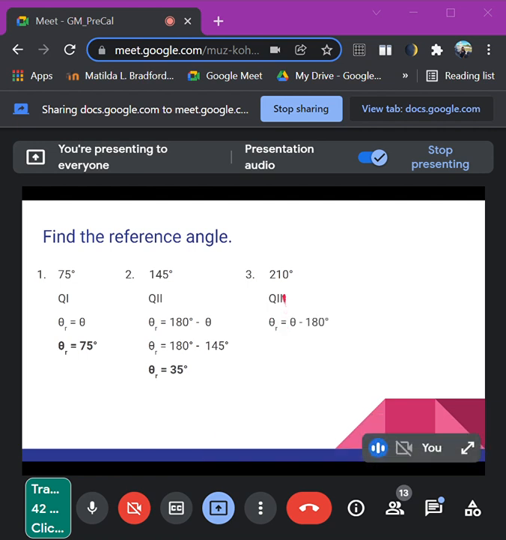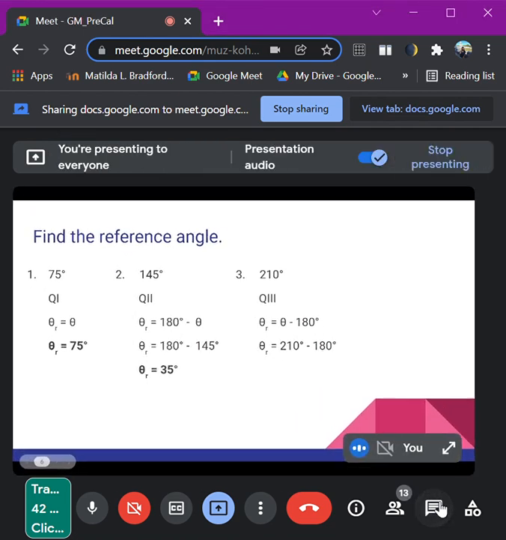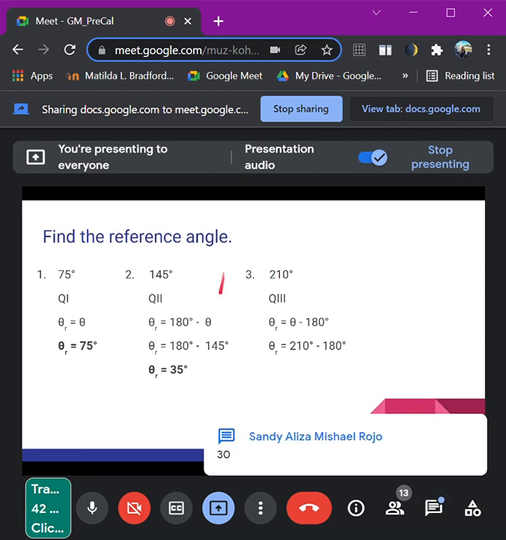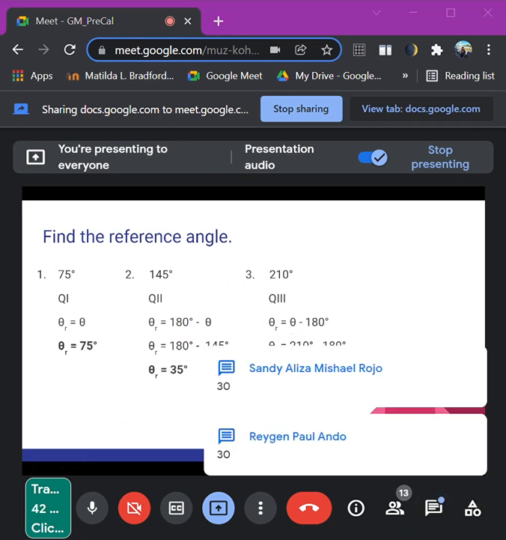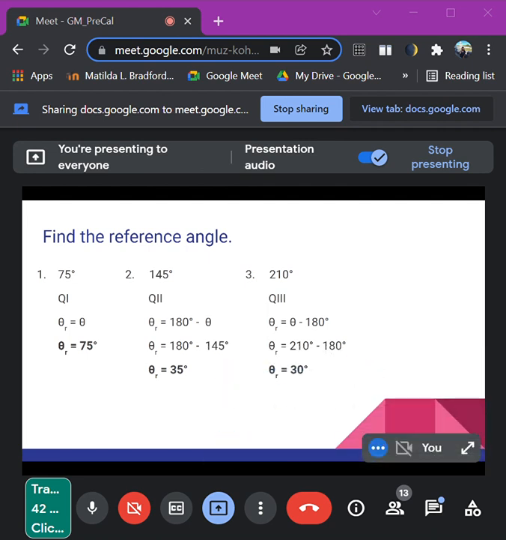So you have your theta, that is 210 minus 180. What is the result? That is 30 degrees. Very good. Okay, good job. Any questions for number 3? Good, no questions, right?